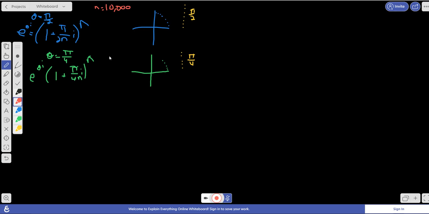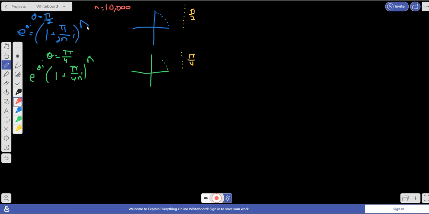So I'm just going to finish up with a few more examples. Let's say theta was pi over 2. And again, we're going to say with n equals 10,000, just an arbitrary large number. You would have (1 + (pi over 2 over 10,000) i) to the 10,000th power.